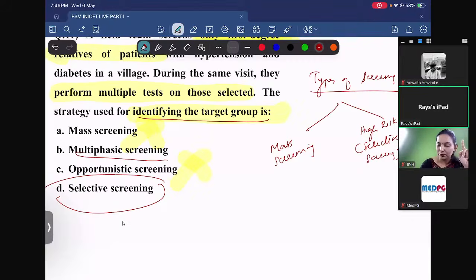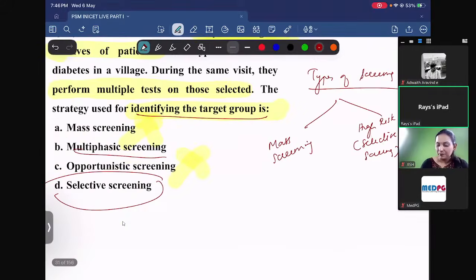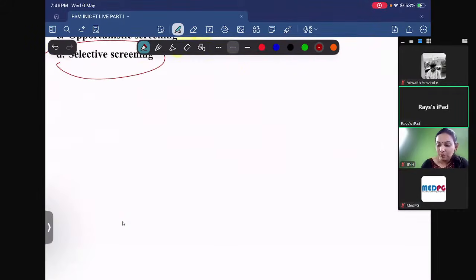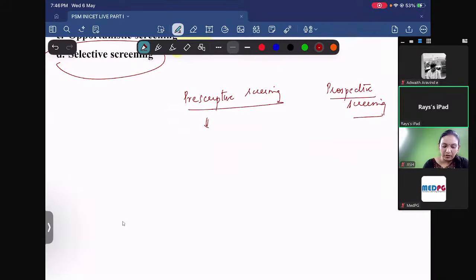We have one more type of classification, that is your prescriptive and prospective screening. Prescriptive screening is for me.